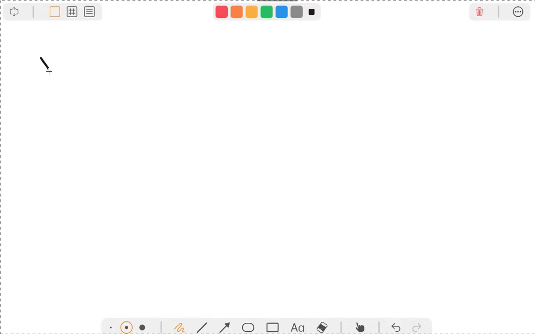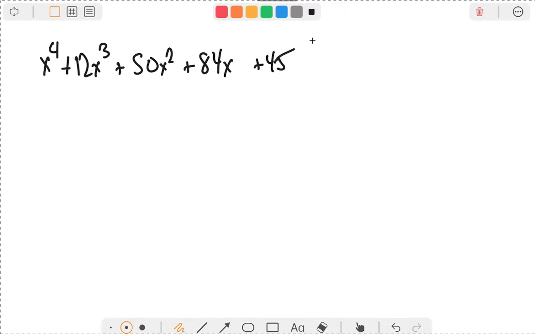Let's go x to the 4th plus 12x to the 3rd plus 50x squared plus 84x plus 45. And try to factor that. So first thing you want to do is find the possible factors. So pause this, see if you can find your possible real zeros.